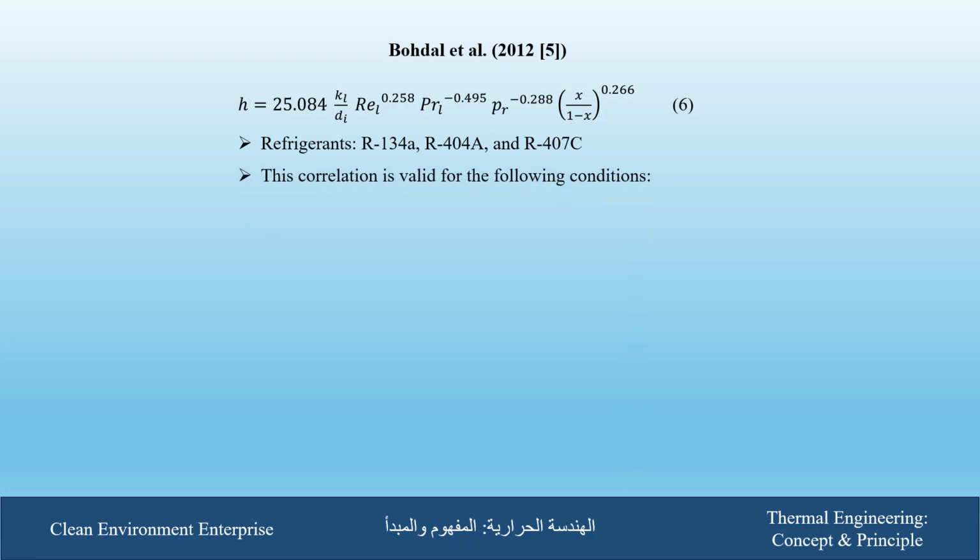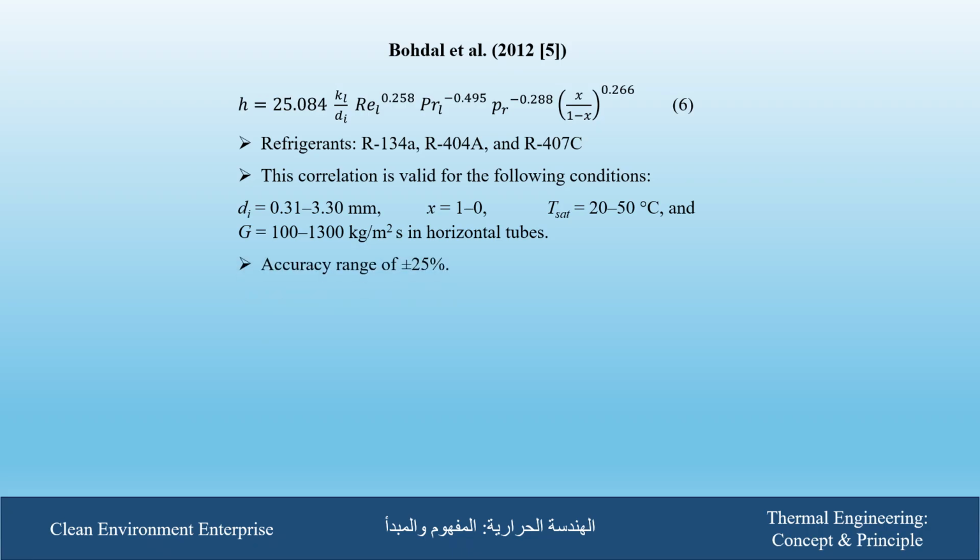Of course, this equation is valid for conditions where the diameter is quite small, between 0.31 to 3.3, and the saturation temperature between 20 to 50 Celsius with the G value as shown in these figures. And the accuracy range was plus or minus 25% for the data obtained from their experiments.